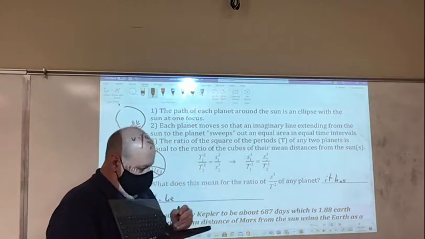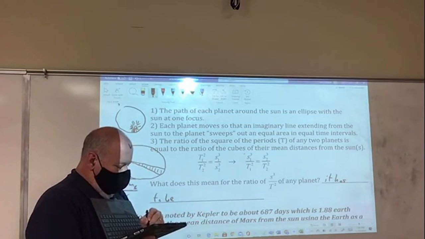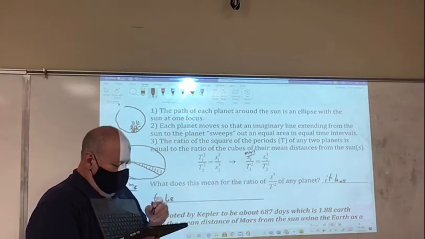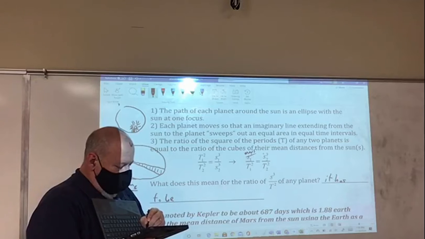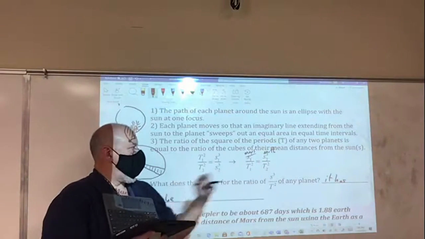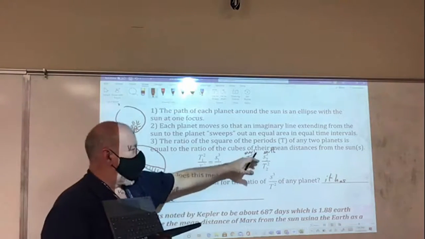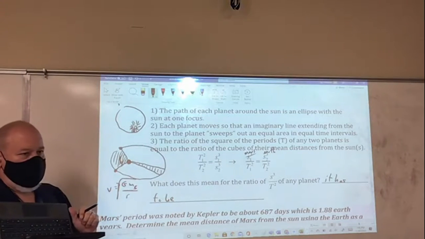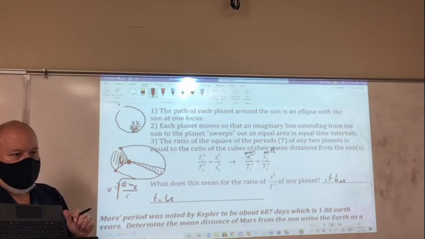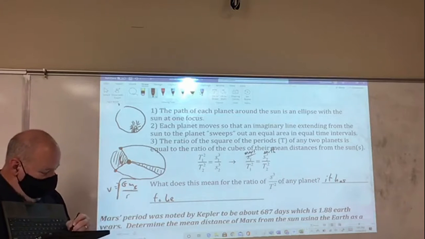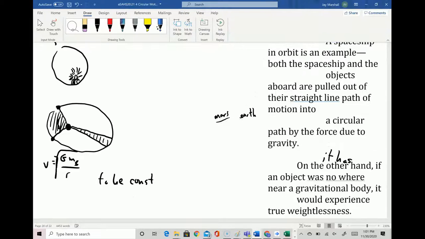So if this was Mars, let's say the orbital distance to Mars cubed divided by its period squared equaled the orbital distance of the Earth cubed divided by its period squared. What's that say about this ratio for any planet of our solar system? It has to be what? It's got to be constant. What the heck?